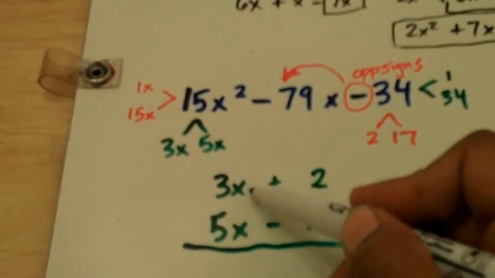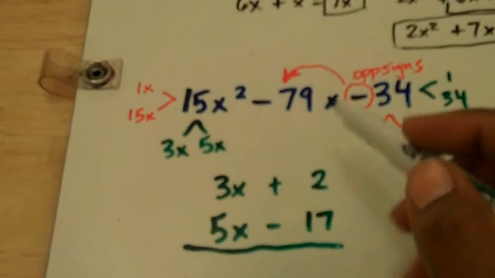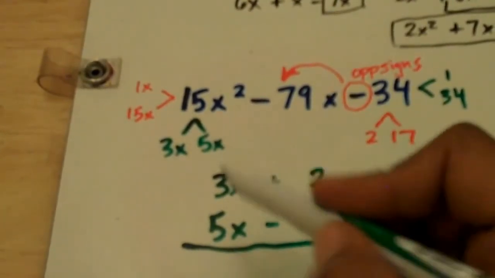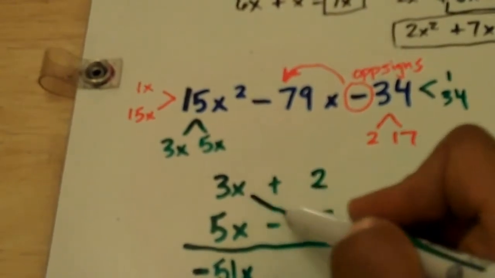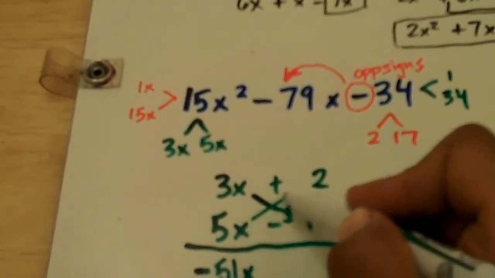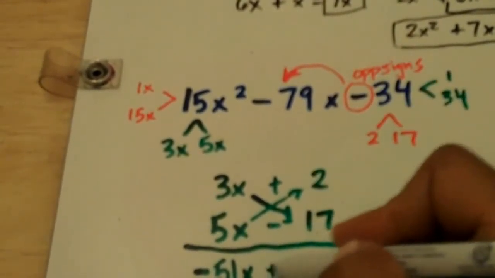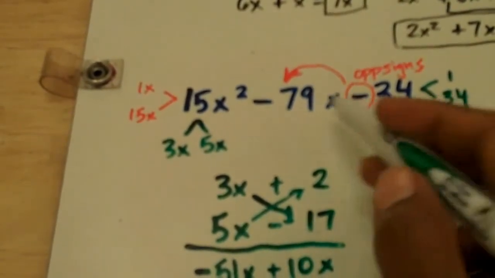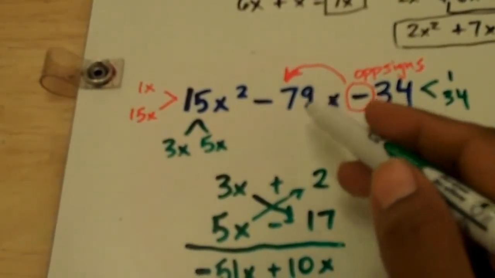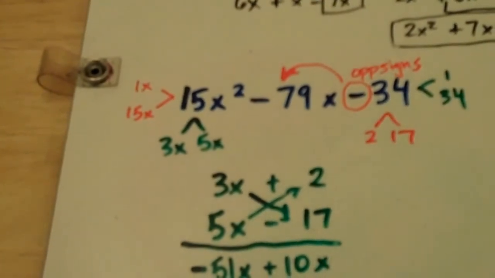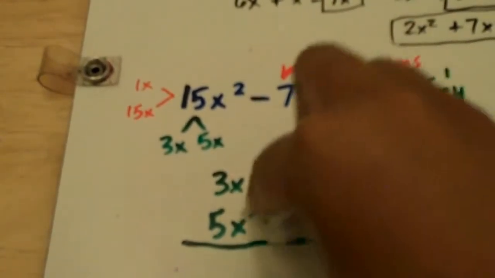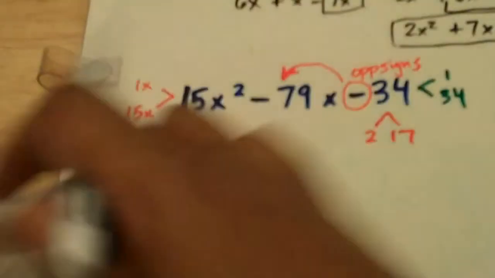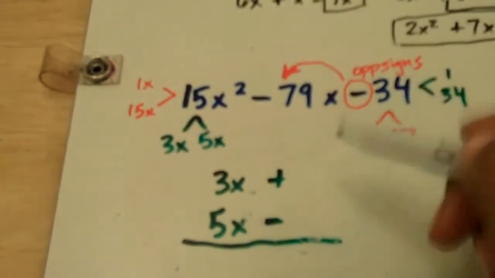If we multiply 3x times negative 17, that gives us negative 51x. If we multiply 5x times 2, that gives us positive 10x, which is not equal to 79. So let's try to switch around the numbers. It needs to be bigger. Keep our plus and minus.